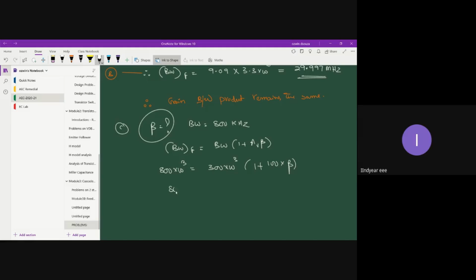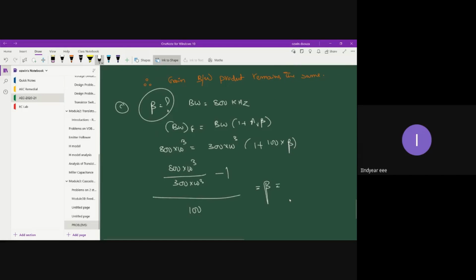Okay, so it is 800 kilo divided by 300 kilo, minus 1, and the whole thing gets divided by 100, which is beta. So how much will you get? 800 by 300 minus 1 divided by 100.